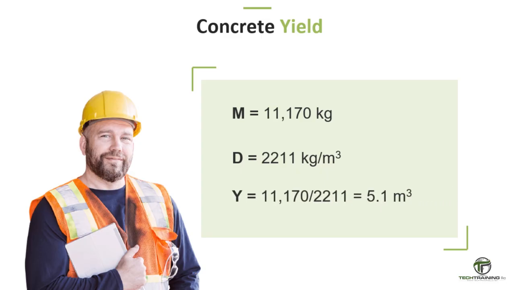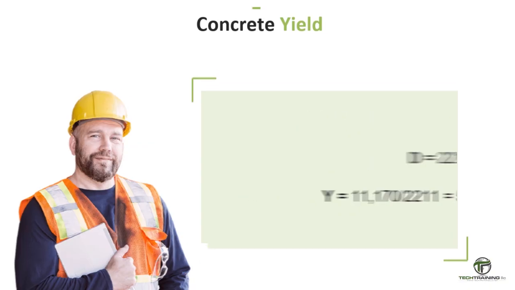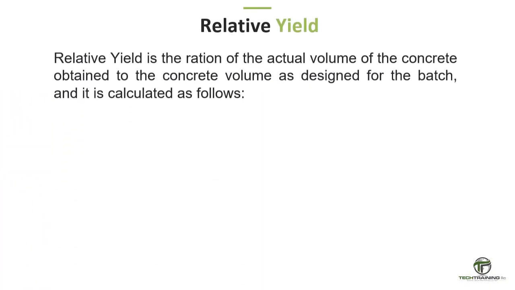The concrete yield is calculated by dividing the total mass of the batched materials by the given unit weight of concrete. That would be 11,170 kilograms divided by 2,211 kilograms per cubic meter, giving us a yield that is equal to 5.1 cubic meters.